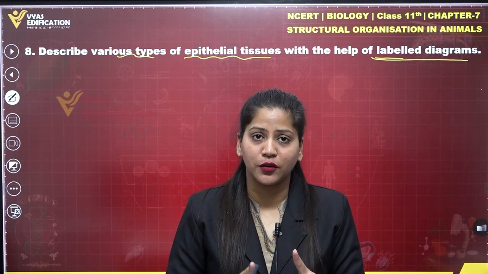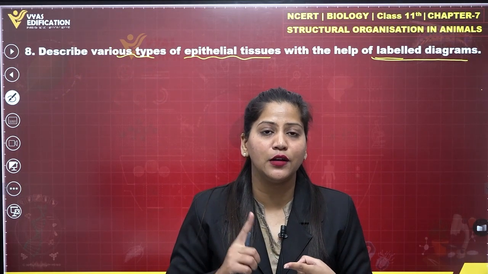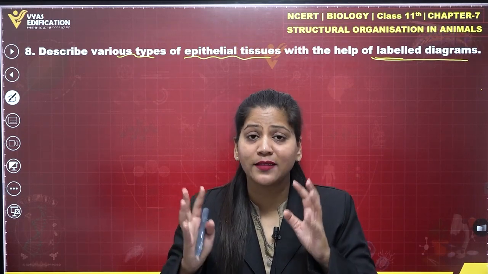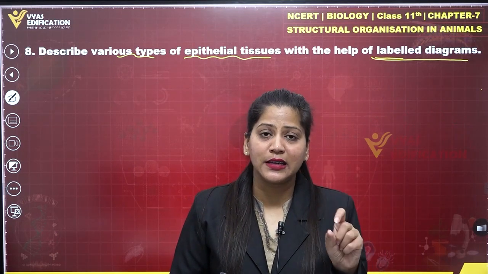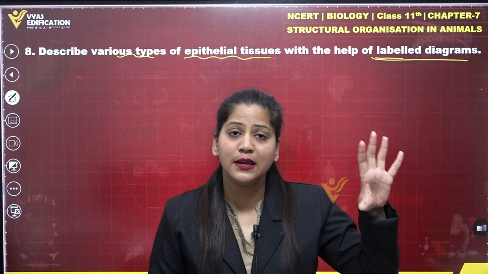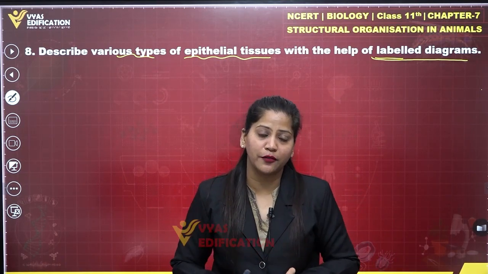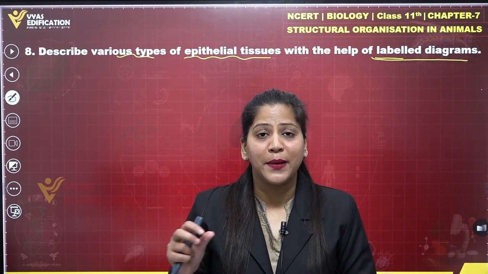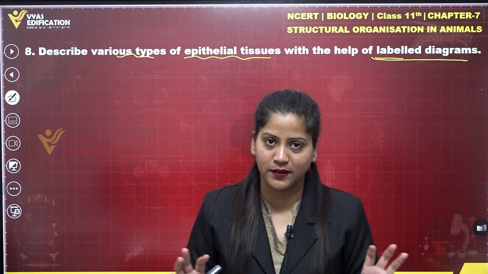The primary function of compound epithelium is to provide protection, and the function of absorption and secretion is limited in compound epithelium. Right, so we have basically two types of epithelium, simple epithelium and compound epithelium, based upon the number of layers of cells present in both these.